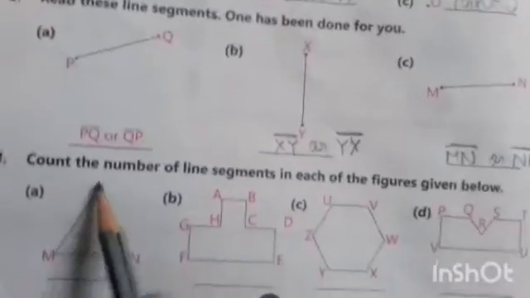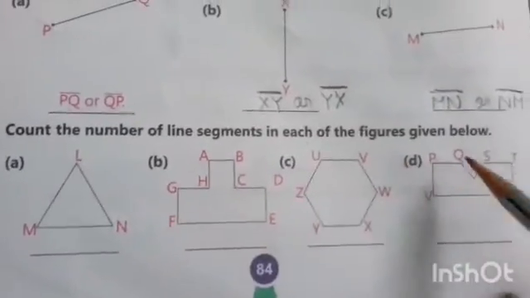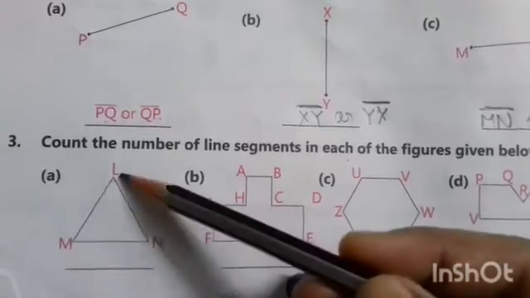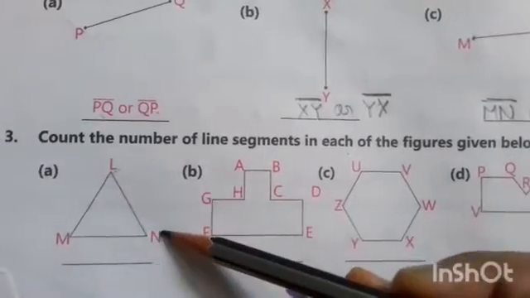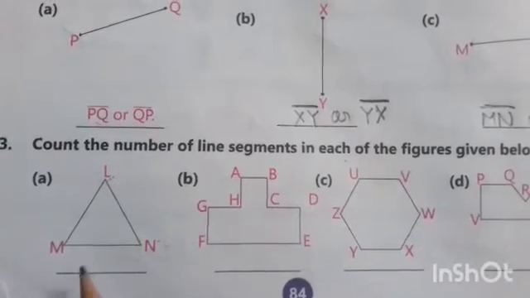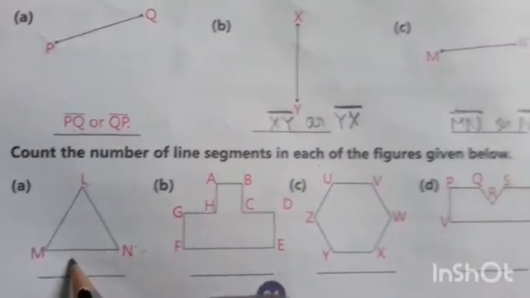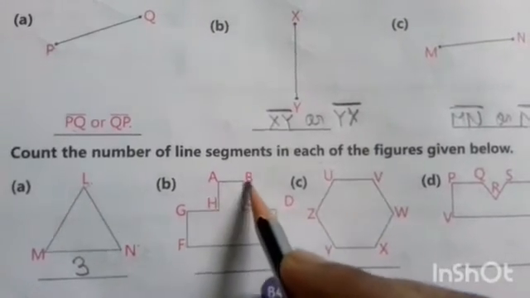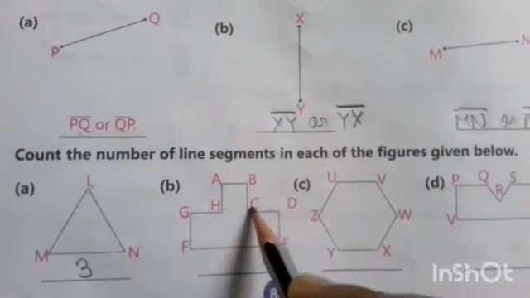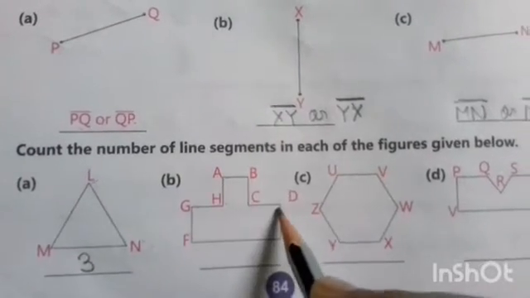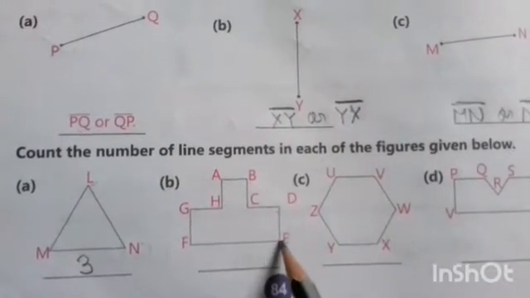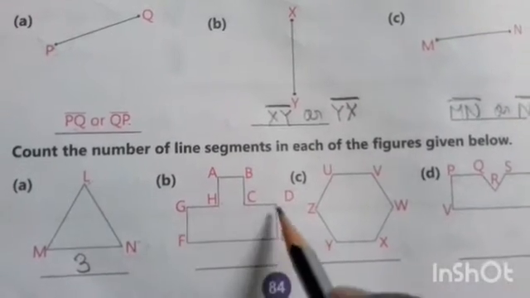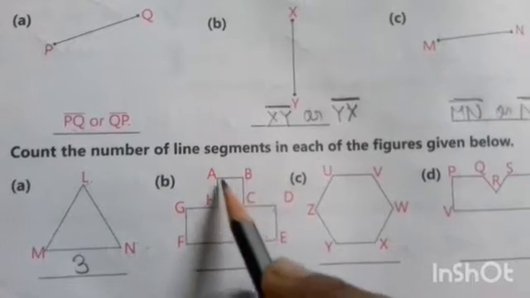Count the number of line segments in each of the given figures below. Now count the line segments. First line segment ML, second LN, third MN. So 3 line segments. Okay, here how many? 1, 2, 3, 4, 5, 6, 7, 8.